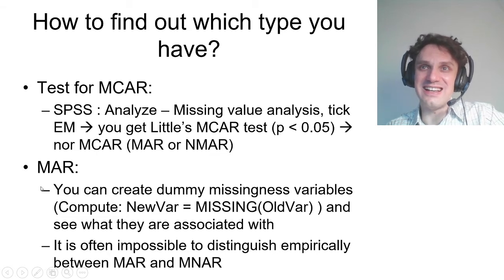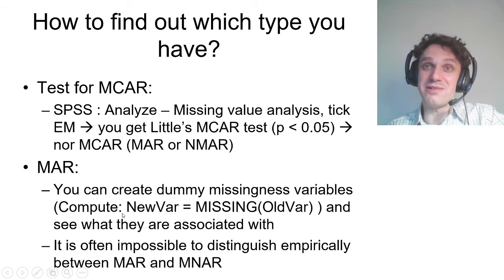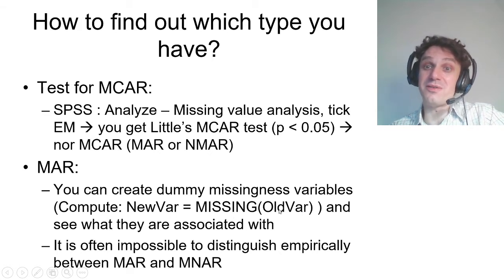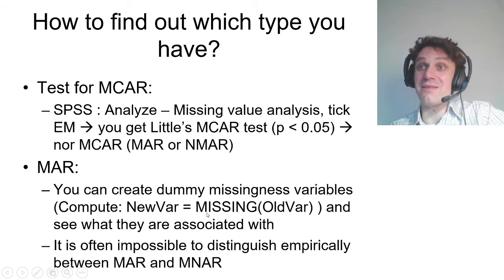You can create variables that code missingness. In SPSS, you can do it with the function compute: new variable equals missing of old variable, and then this new variable will contain zeros for values of the old variable that are not missing, and ones for values that are missing.